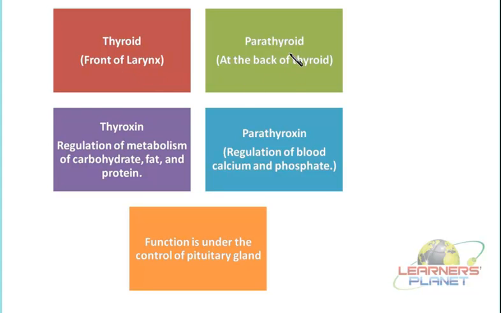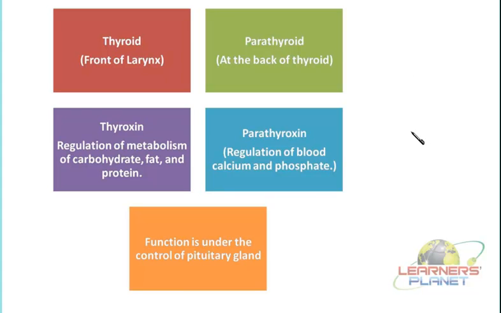And the parathyroid is located at the back of the thyroid. At the back of the thyroid means it is slightly lower than the thyroid, and we can say a pair is situated towards the back side, in the downside. What does it mean? Don't get confused here, right?